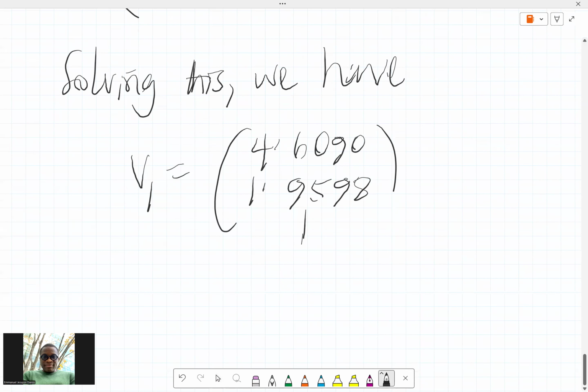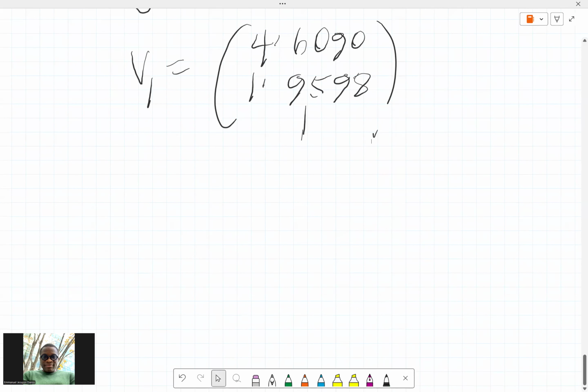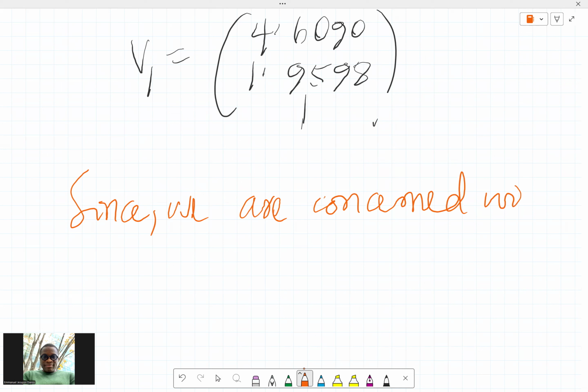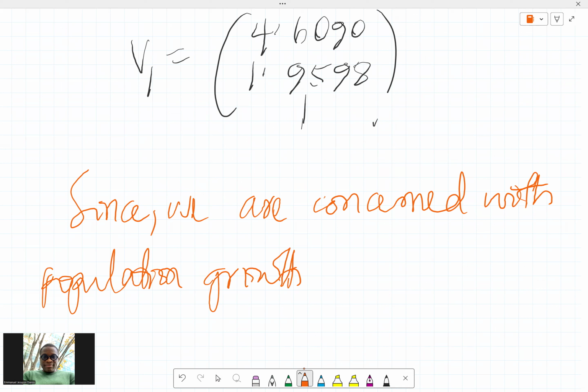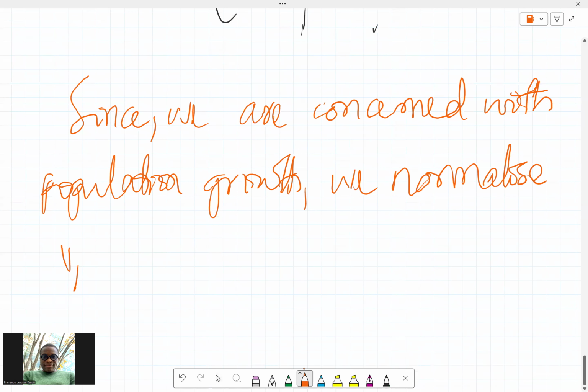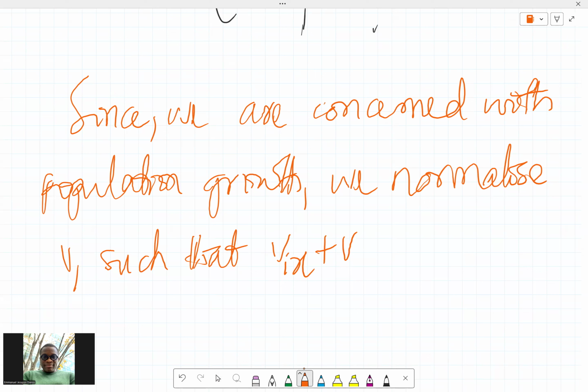And since we are concerned with population growth, we normalize V1 such that V1x plus V1y plus V1z is equal to 1.